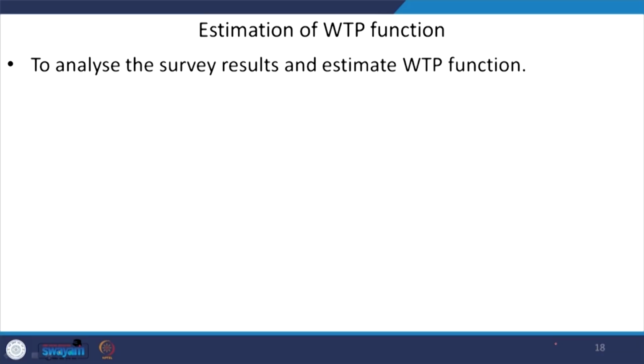And finally, the final step in the CV study is estimation of willingness to pay functions, and there we need to analyze the survey results and estimate the willingness to pay functions.